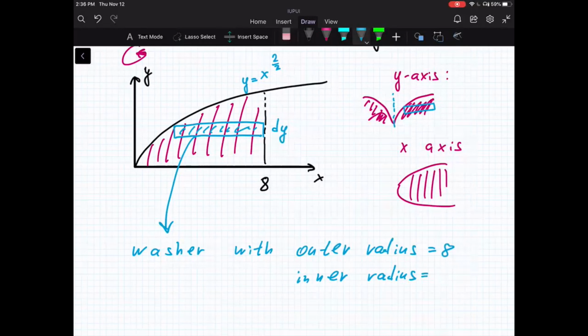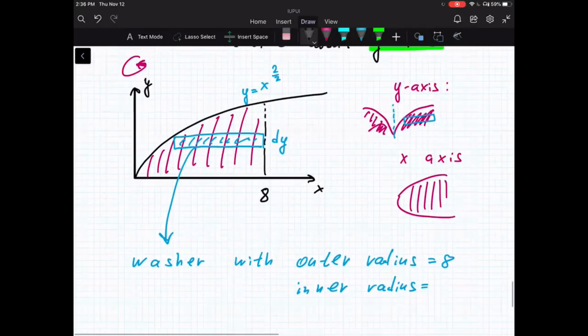Since I'm measuring the x-coordinate length, y equals x to the power 2/3 is equivalent to the equation x equals y to the power 3/2. So the inner radius thus will be y to the power 3/2. I'm interested in the x coordinate, so I need to express x in terms of y.